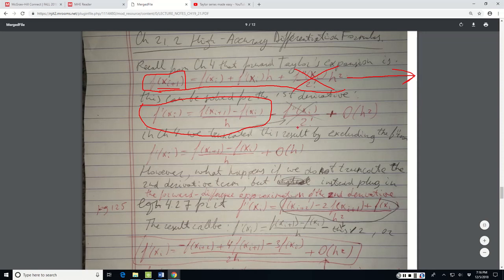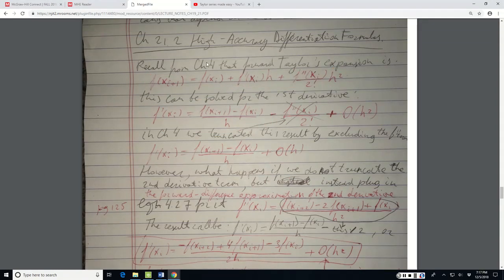But if you don't truncate this term, so if you truncate it, your order of accuracy is O(h). But if you don't truncate it, your order of accuracy is going to be O(h squared). So if you keep this term here, this is your formula for the first order derivative.